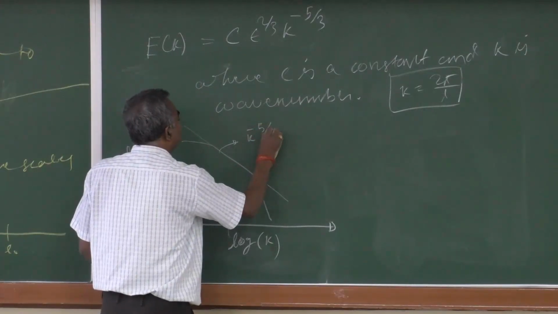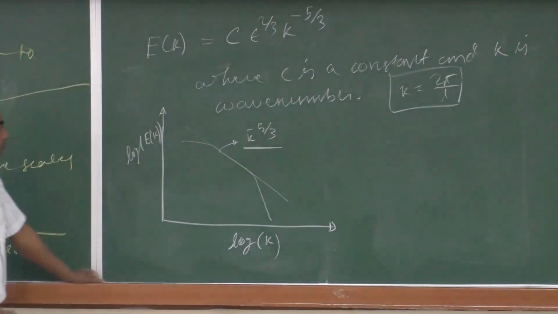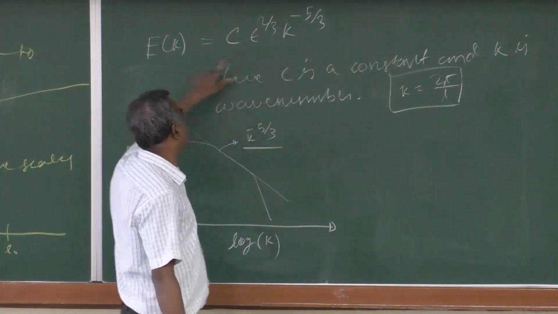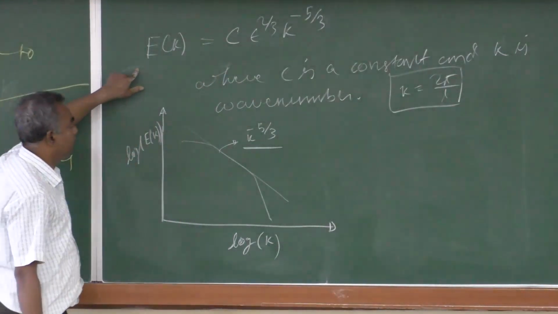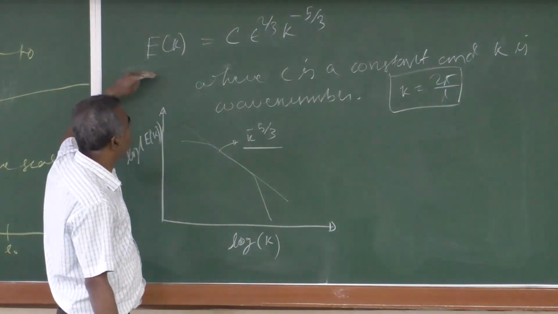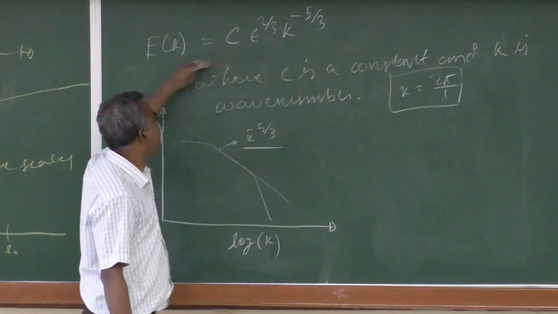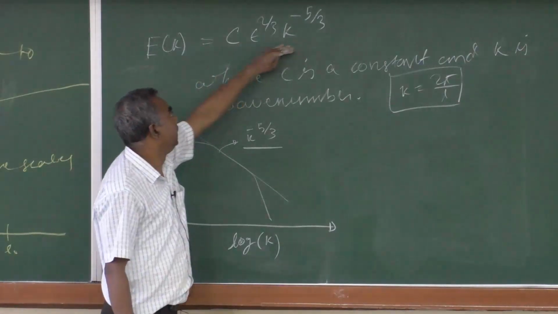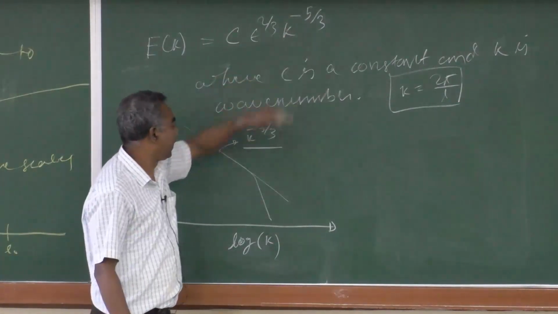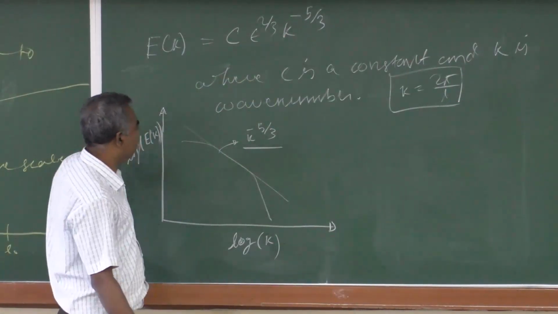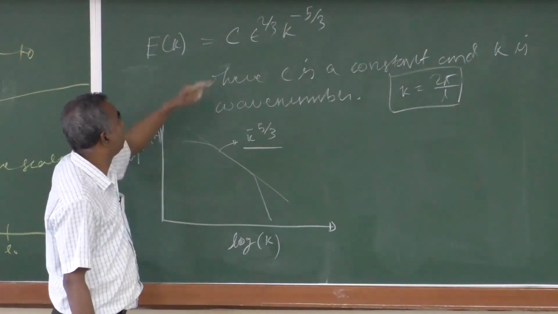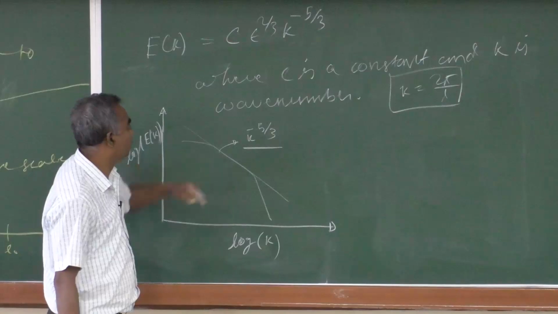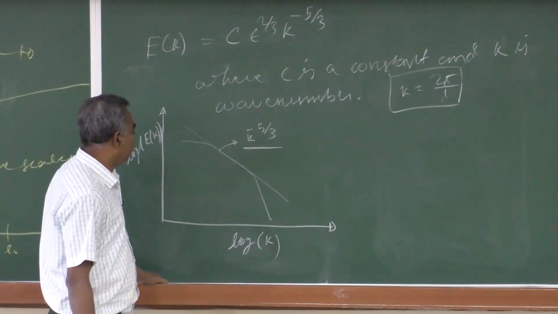Okay. And this particular regime is basically known as the k to the minus 5/3 regime. Okay. That you can see, I mean, from this relation itself. Okay. That in this particular regime, for a constant dissipation and constant C, you will see that E varies as k to the minus 5/3. This is the relation. If you just take log on both sides, this is what you will get, right.